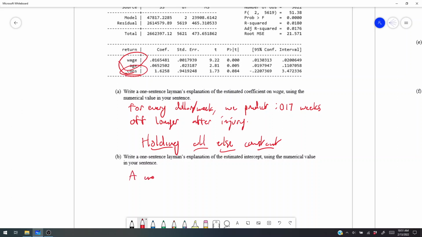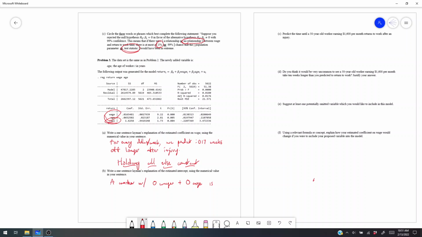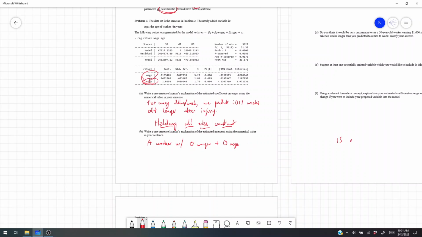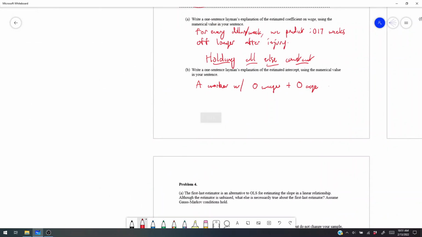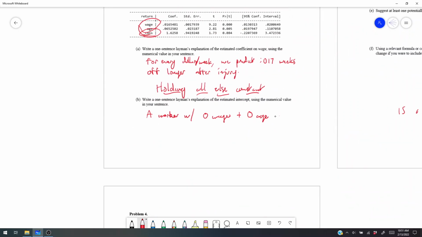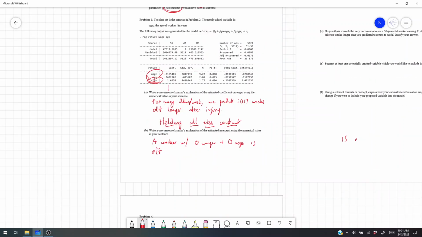A worker with 0 wage and 0 age is off 1.6 weeks on average.